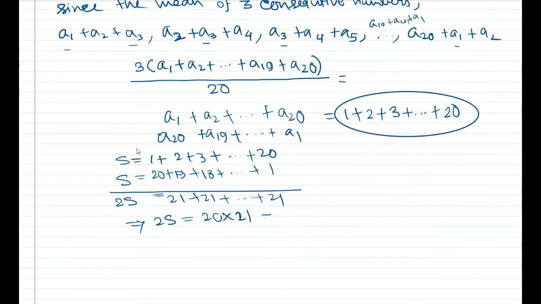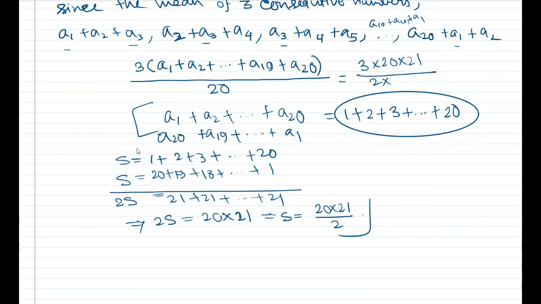So S equals 20 into 21 by 2. Okay, so this sum is equal to 3 into 20 into 21 by 2, divided by 20.